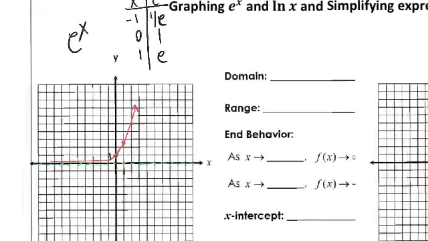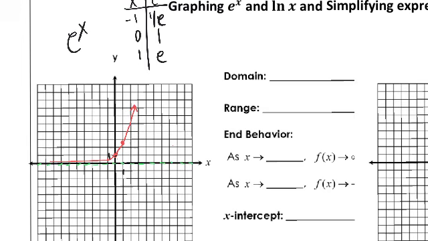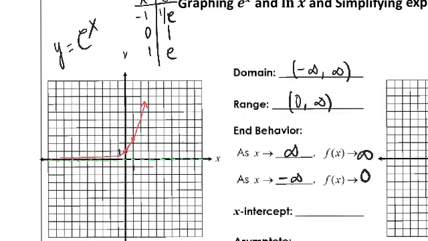Okay, and then these things we know how to do, just like any exponential. The domain is negative infinity to infinity. The range for this basic y equals e to the x, well, the y values start at 0, not including 0, and they go to infinity. And behavior: as x goes to infinity, y goes to infinity. As x goes to negative infinity, y goes to the horizontal asymptote, right?